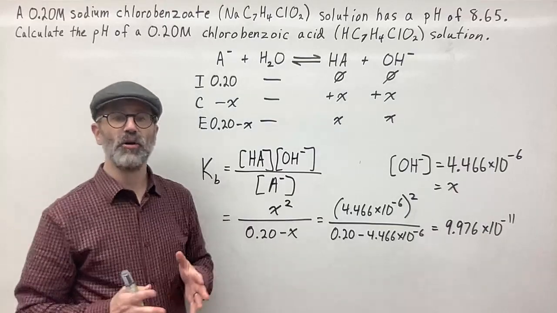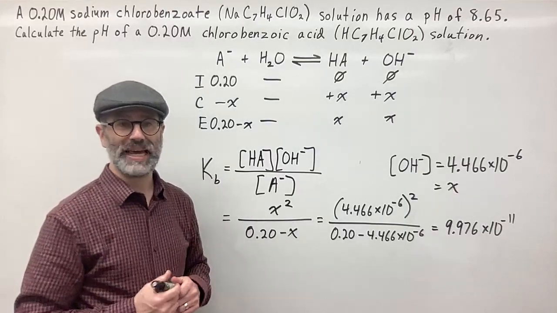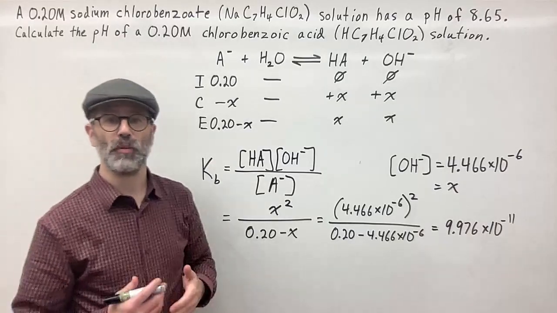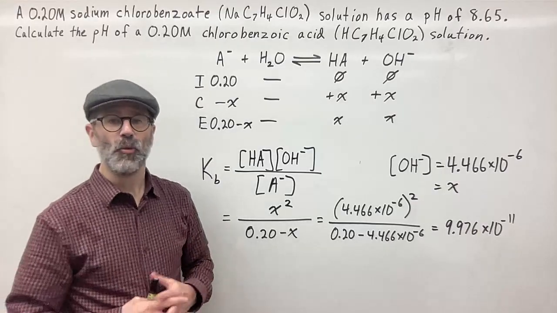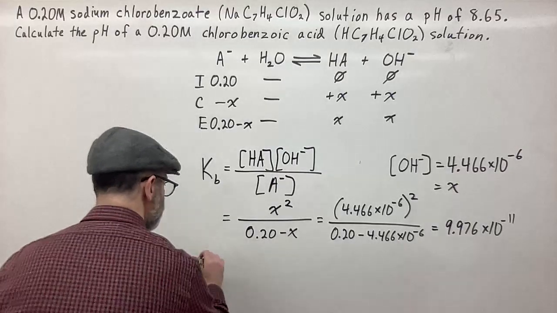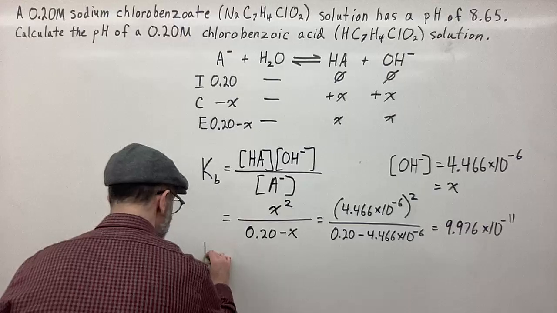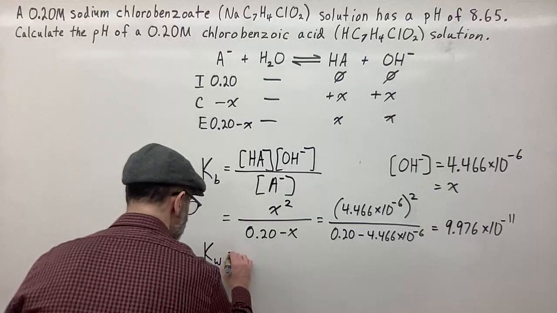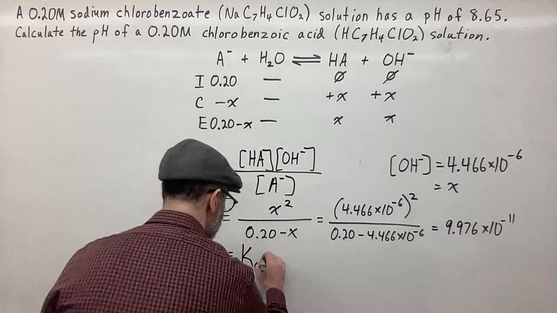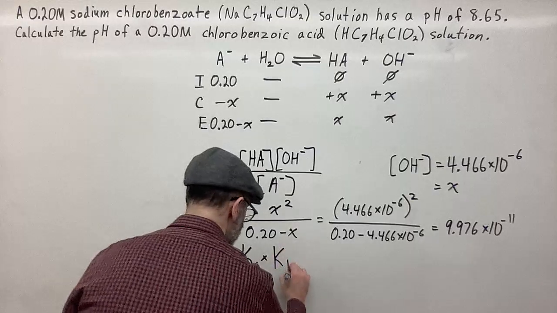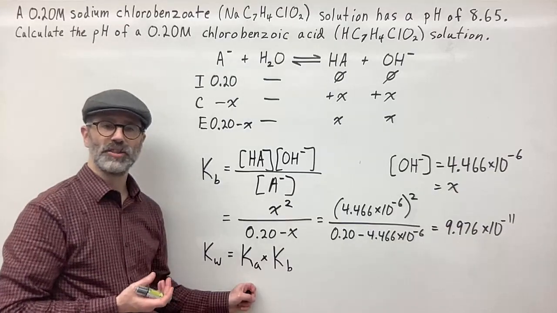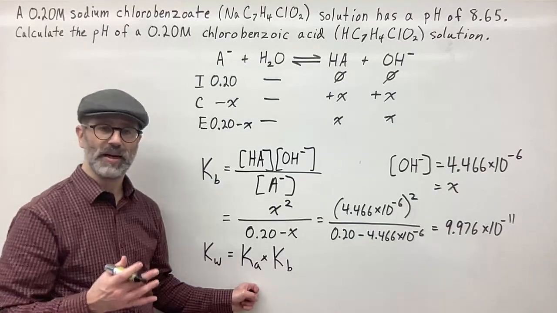Great. Now we can go ahead and solve for the pH of the 0.20 molar solution of chlorobenzoic acid. Well, how do we do that? Well, we can use the equation that Kw is equal to the Ka multiplied by the Kb, where Ka and Kb are the equilibrium constants for the acid and its conjugate base, right?